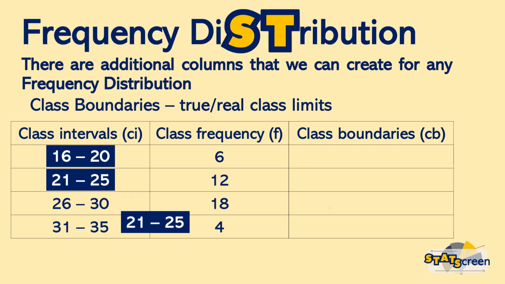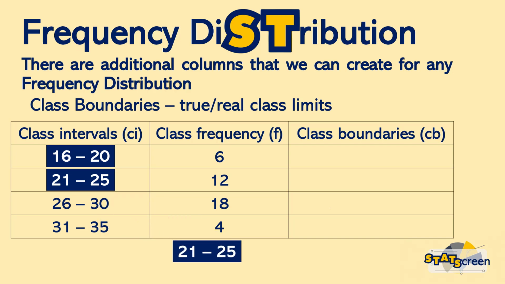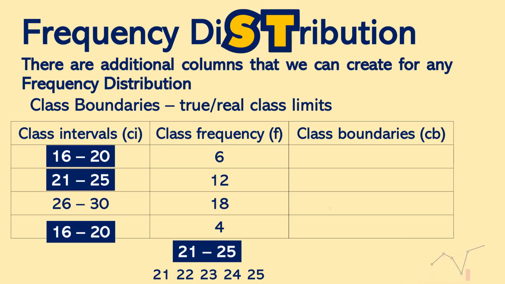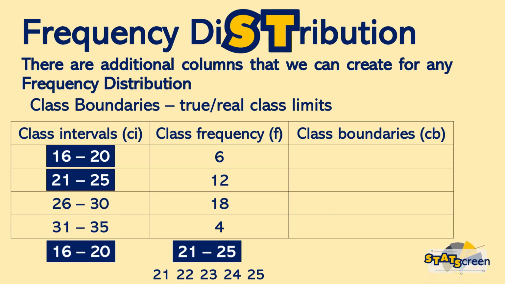When we say 21 to 25, it means that it includes the values 21, 22, 23, 24, and 25. For 16 to 20, this includes the possible observations recorded as 16, 17, 18, 19, and 20.